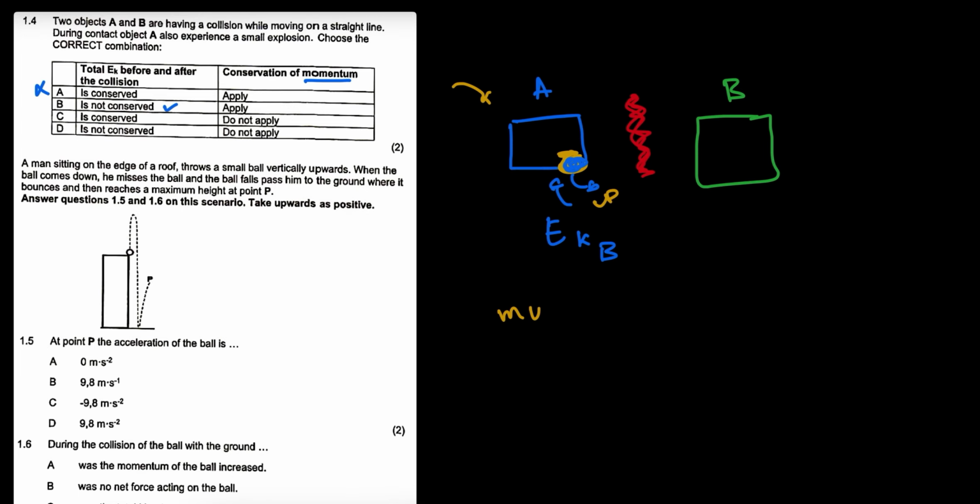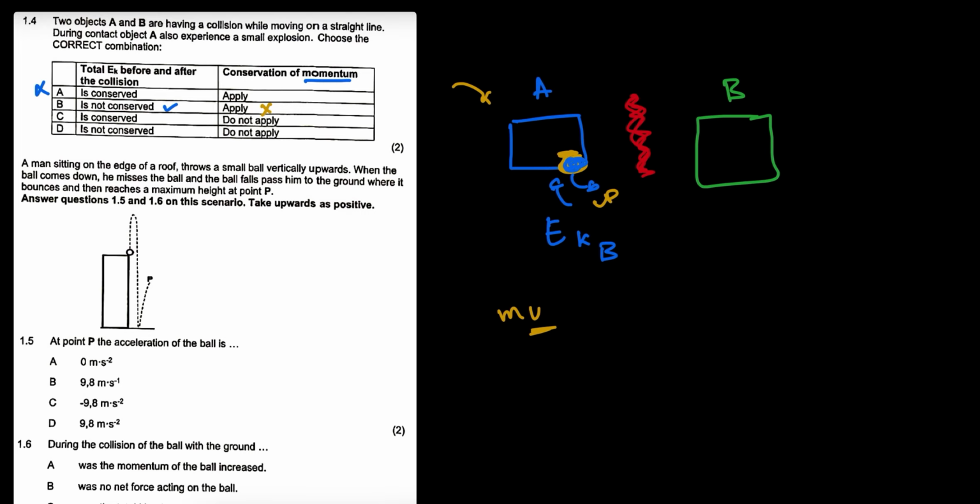But because of the explosion, object A has gained kinetic energy. That means the velocity would change, changing the momentum of object A. So in this case, the conservation of momentum is not going to apply because it will not be conserved. So B is not the correct solution.